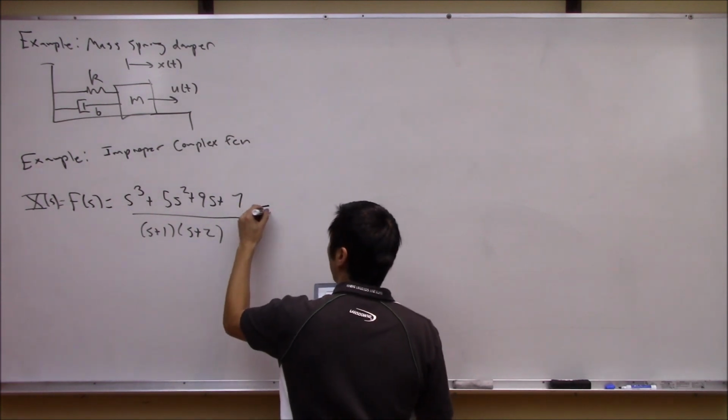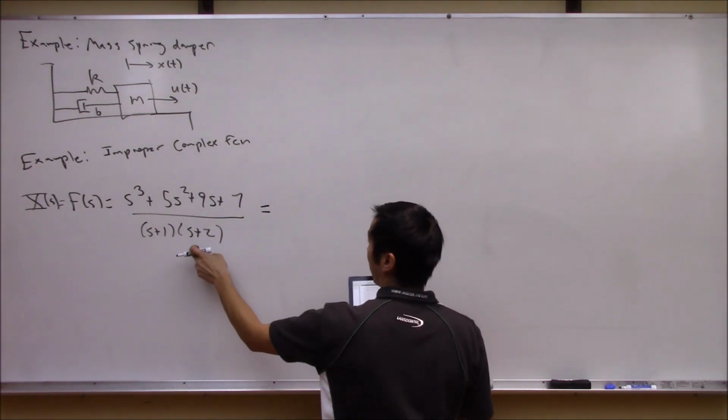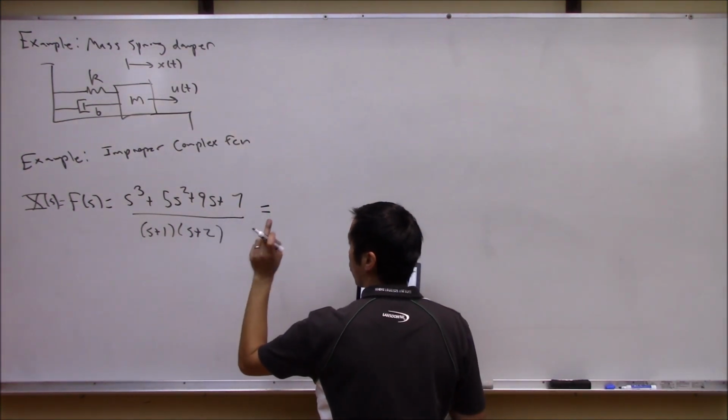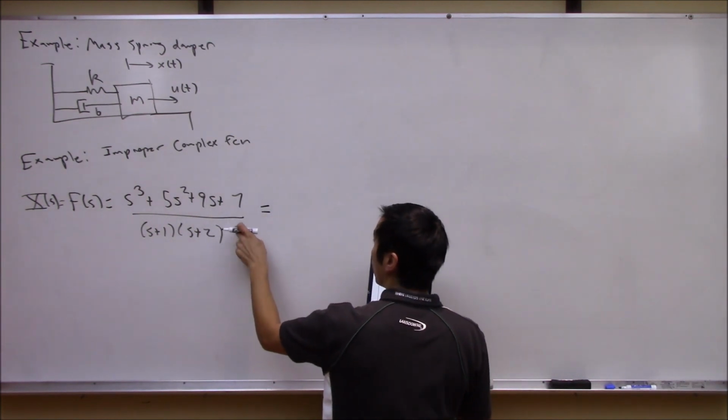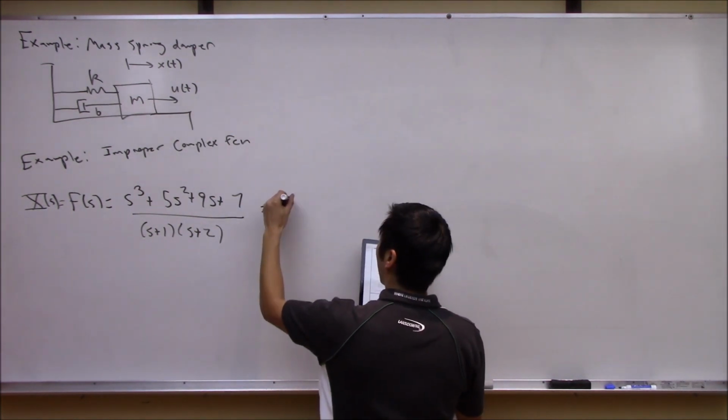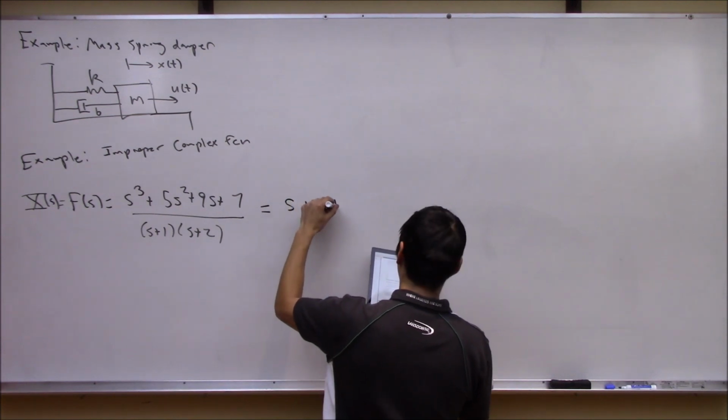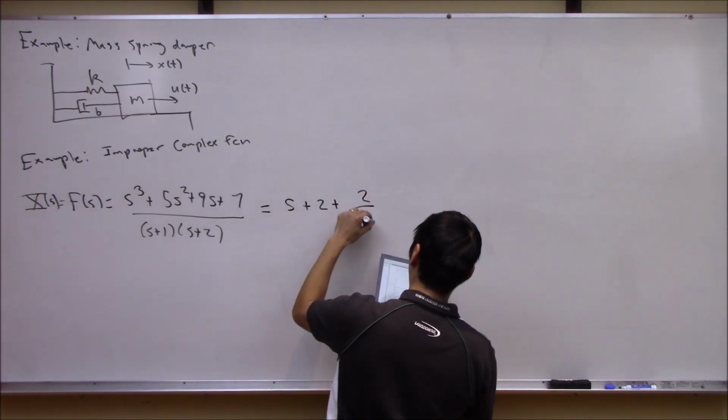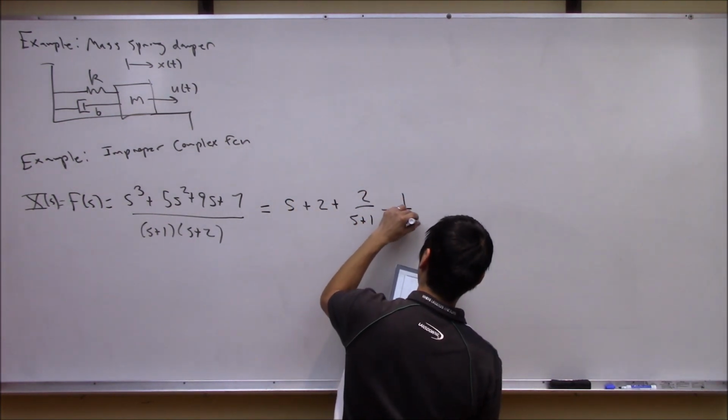In our previous discussion on partial fraction expansion, we showed that through synthetic division and your normal partial fraction expansion techniques, you could rewrite this whole thing to look like s plus 2 plus 2 over s plus 1 minus 1 over s plus 2.